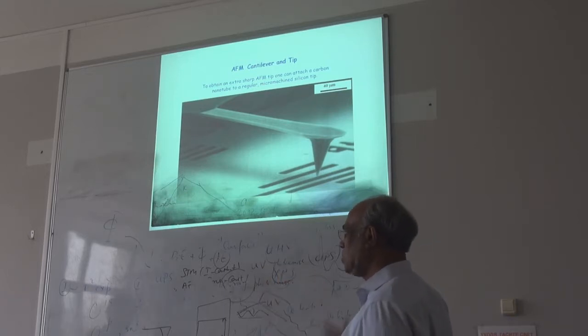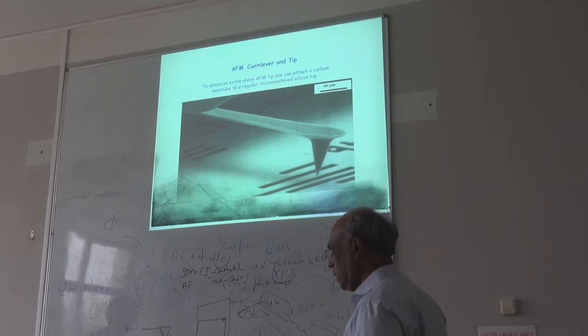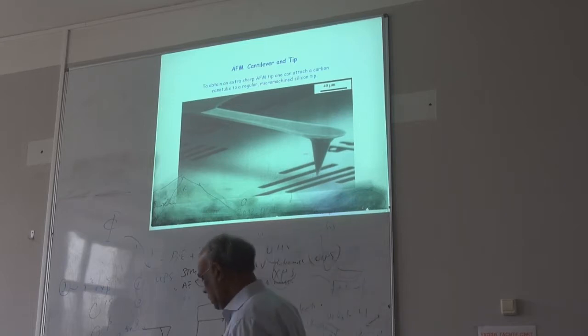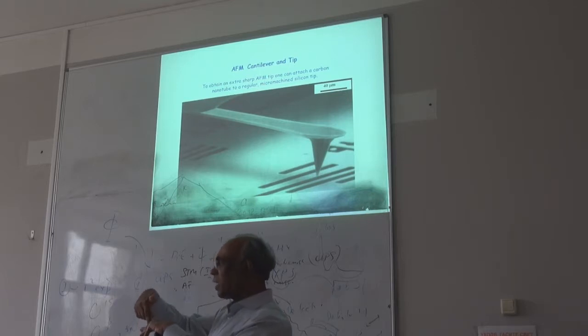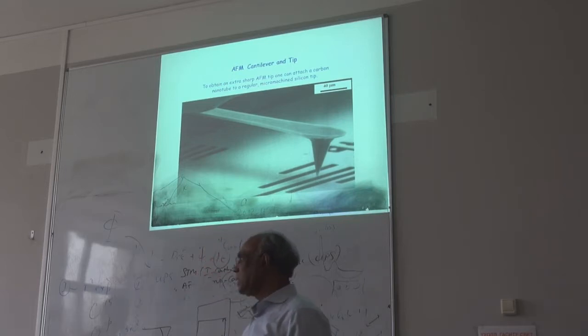Usually we order about 20 at a time. And what about the usage time? I'll talk about the contact mode and the non-contact mode. If you use the contact mode, maybe after 4 or 5 samples you have to replace the tip. If you use non-contact mode, you can use it for like 10 to 20 times.